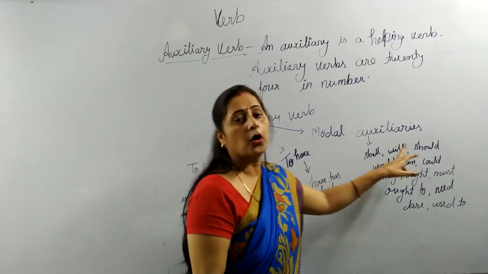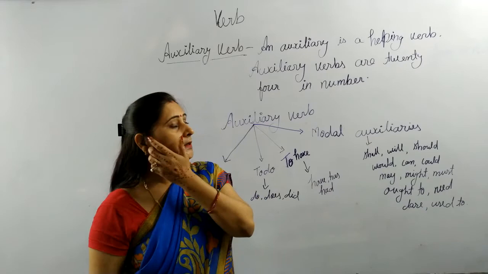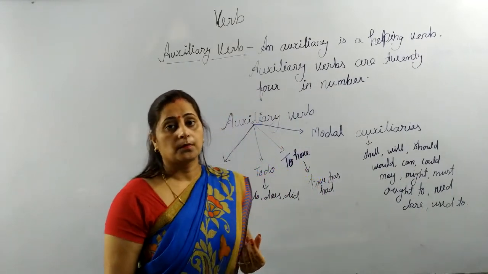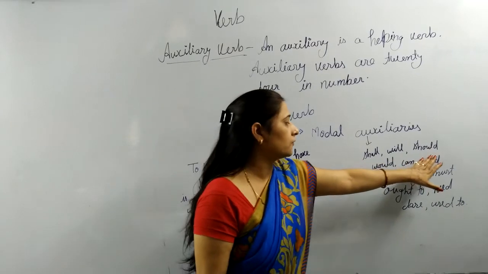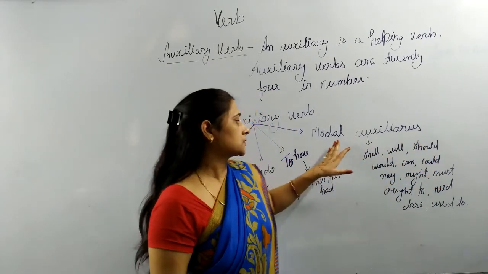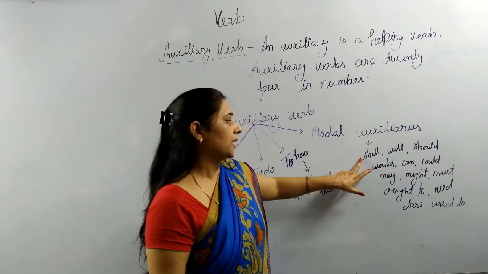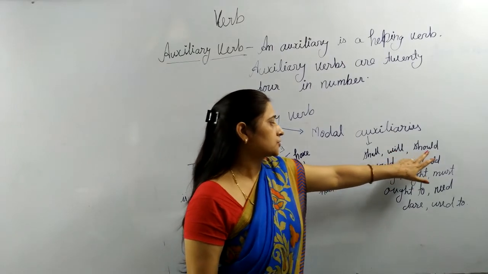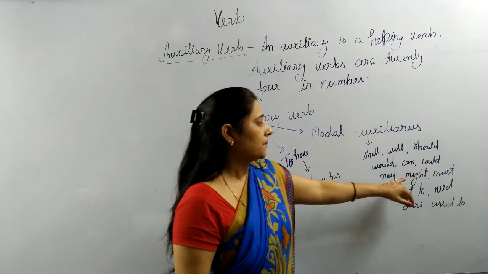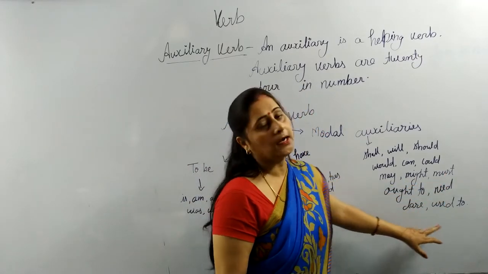Now look at the modal auxiliaries. The modals are small verbs used with the main verb. Whenever we use such a small helping verb, it is called a modal auxiliary. Modal verbs are like shall, will, should, would, can, could, may, might, must, ought to, need, dare, used to.